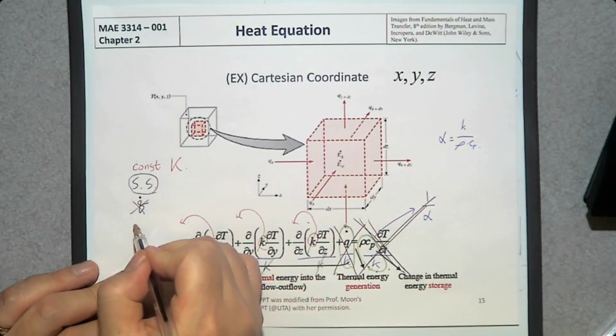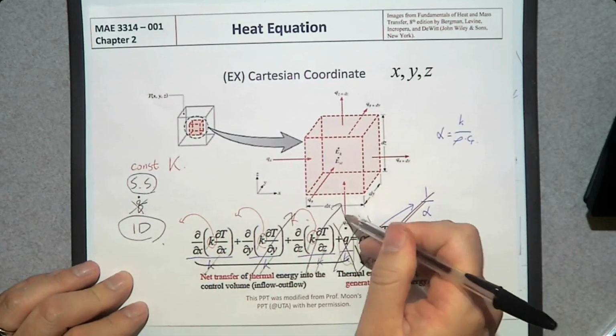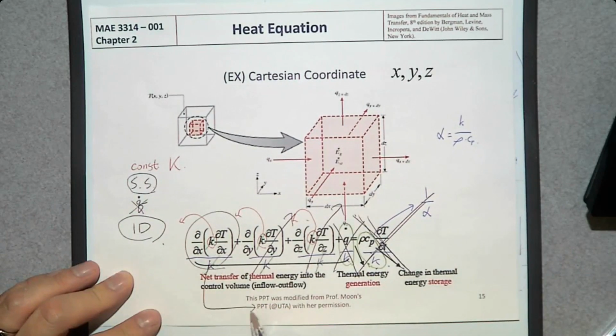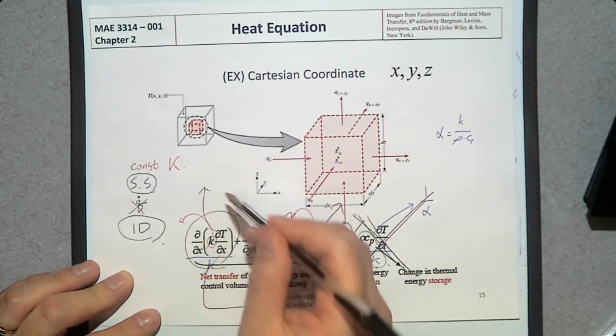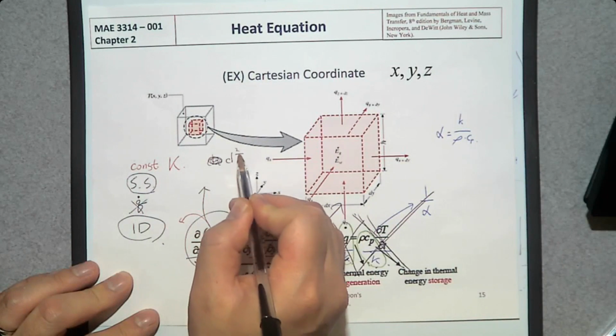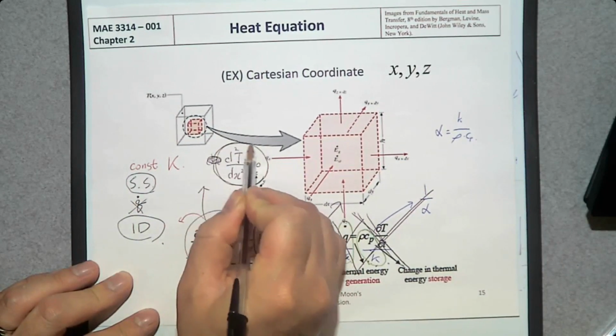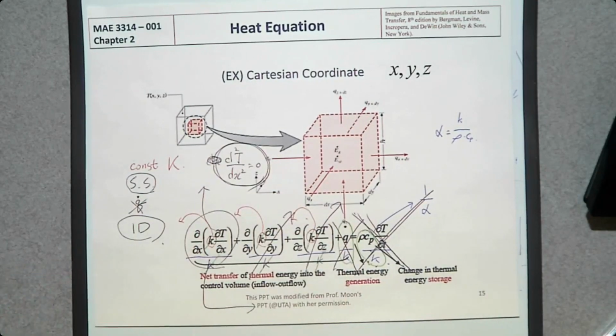And you can also say this is one-dimensional heat transfer in x direction. Then you can neglect these two. So the remaining is going to be d squared T over dx squared is going to be 0. This is the simplest heat conduction problem in steady state one-dimensional heat transfer.